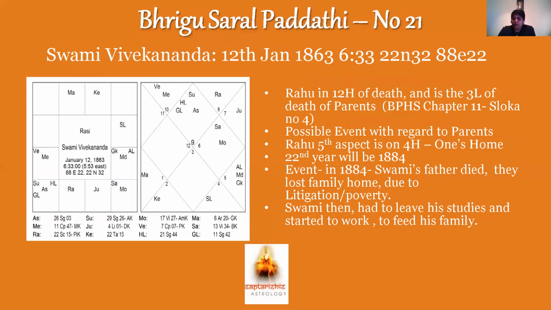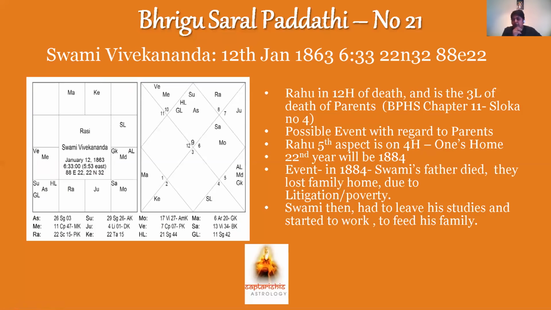In Swami Vivekananda ji's chart, Rahu is in the 12th house, so the fifth aspect falls on the 4th house. Now what is the 4th house? The 4th house represents mother, land, education, happiness, residence, inheritance, property, possible end of things, and stability of life.